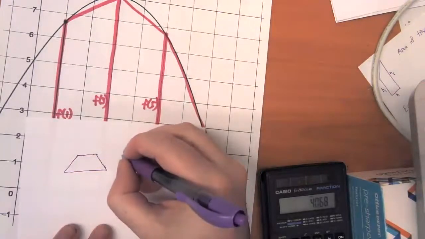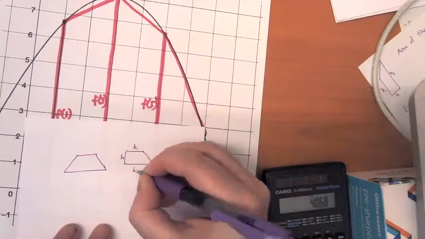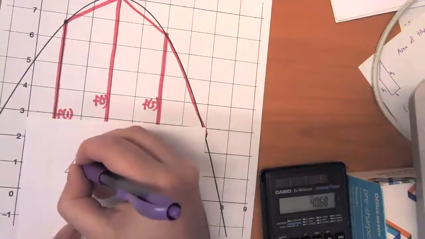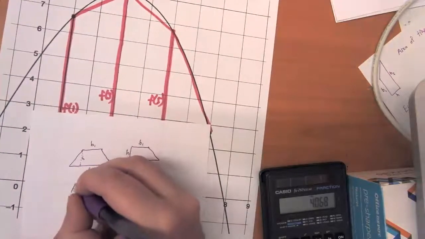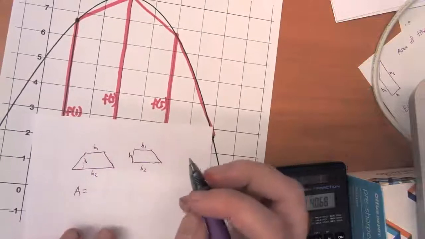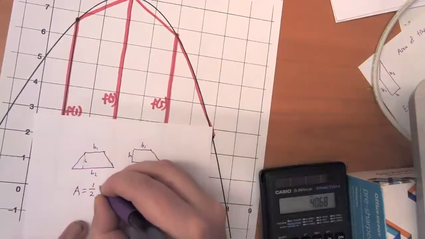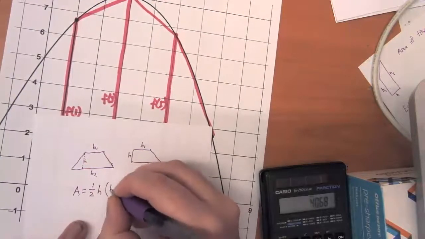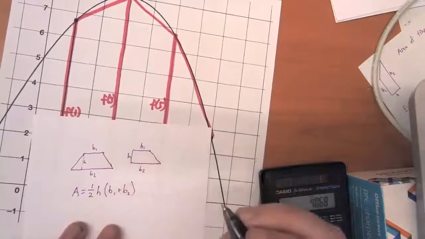And so these all have heights, and it has one base, and the two parallel sides are the two bases. And the height is the distance between the bases. And the area is given, it's almost the area of a triangle, but instead of being 1/2 base times height, it's 1/2 height times the sum of the two bases.